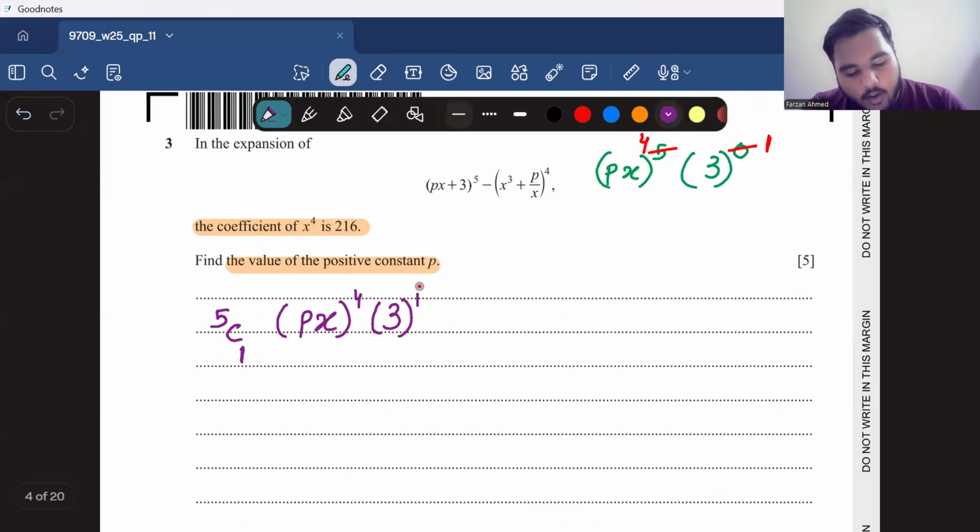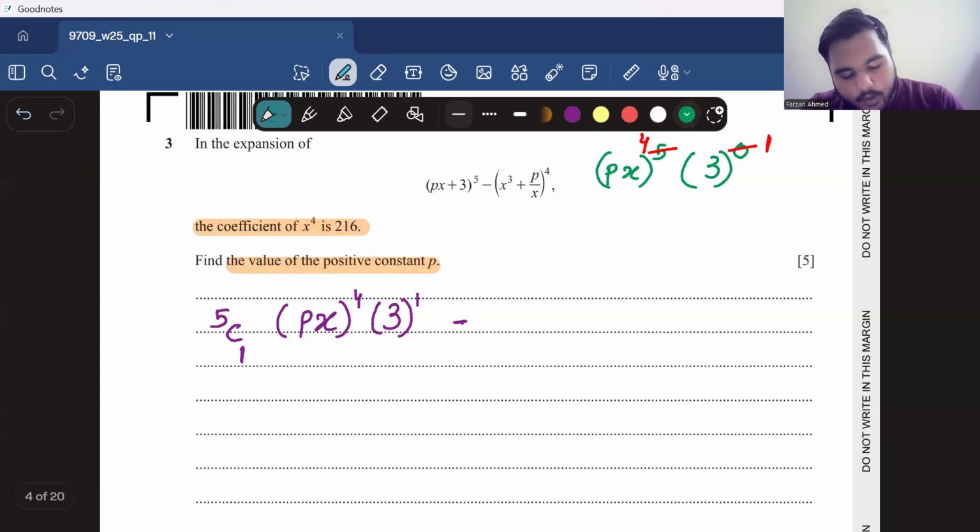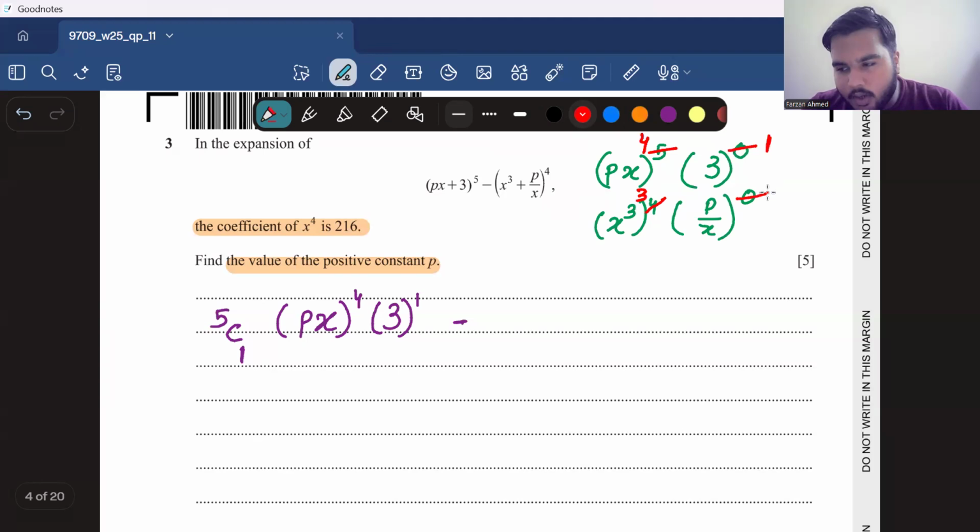Now, for this bracket, we will use another triangle method. We have (x cubed) raised to power 4 and (p over x) raised to power 0. I have told you that from here it will decrease. So when we deduct, it will become 3, and from here it will increase by 1.